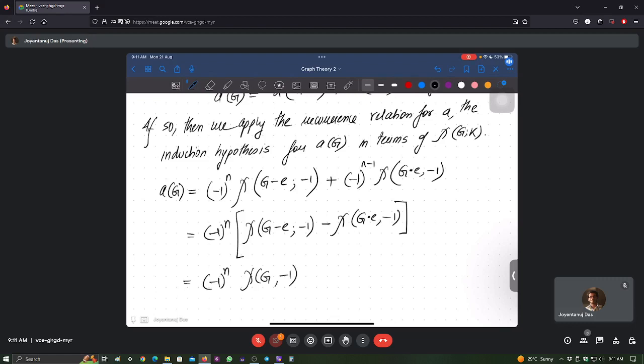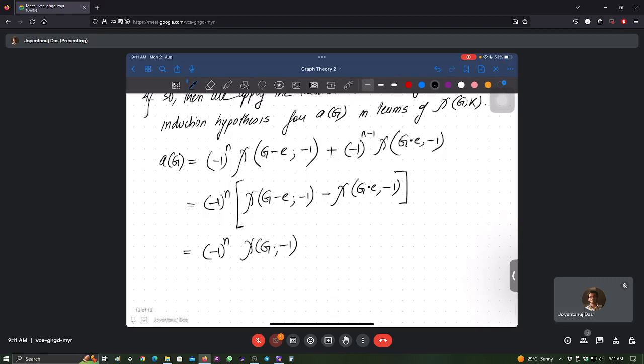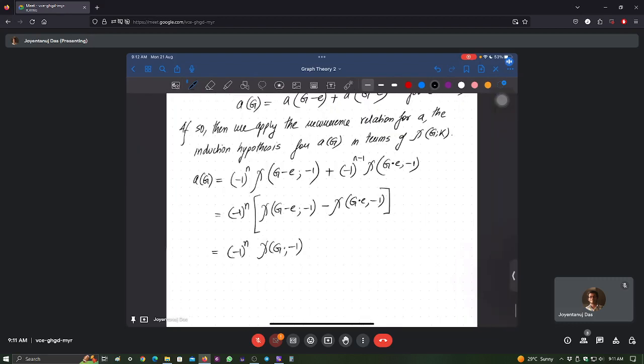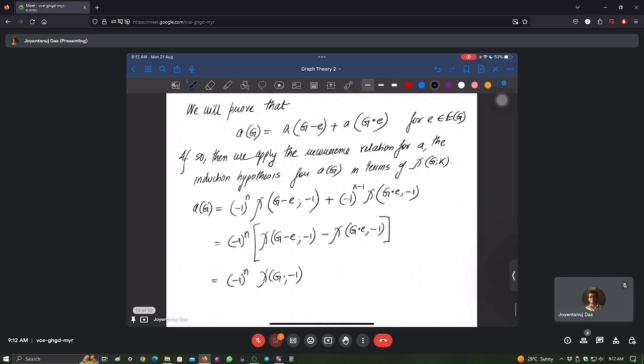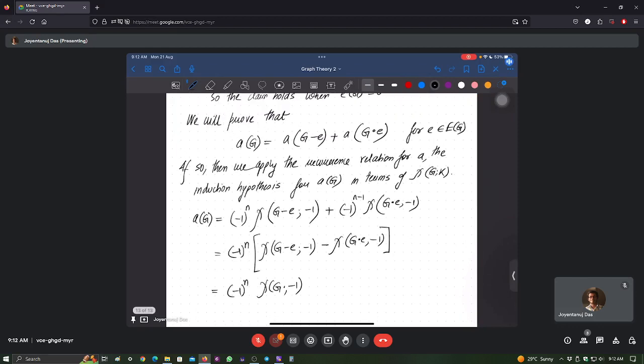This is the chromatic recurrence relation. Fine, so this is done. But the only thing left to prove is that this recurrence relation actually holds. So let us see how to prove that.